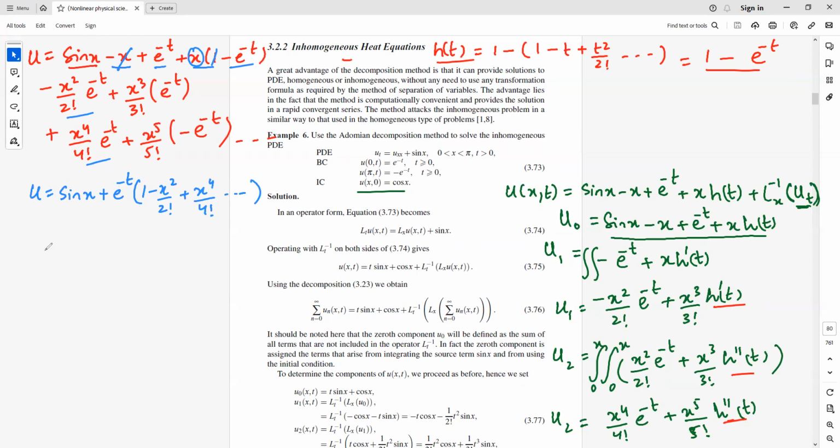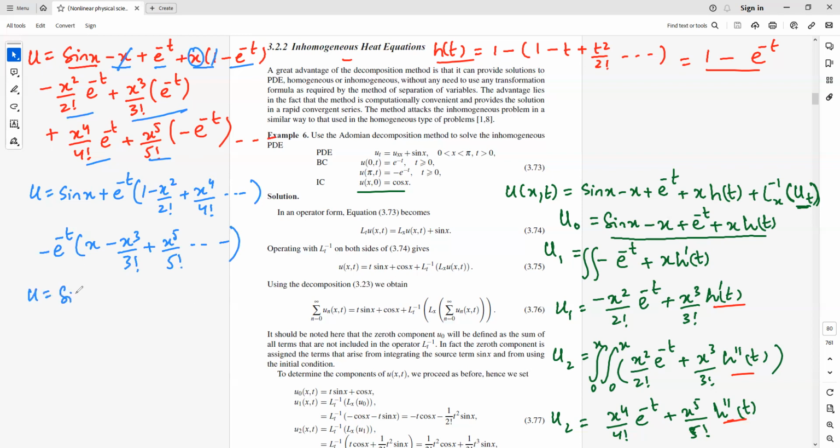So this will give us negative e to the power negative t into x minus x cube over 3 factorial, this term here, and then plus x to the power 5 over 5 factorial and so on, this term.